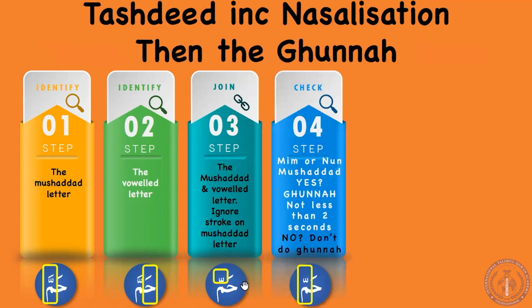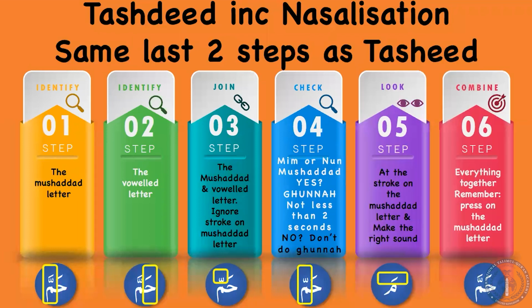And if it's a mim mushaddad or a noon mushaddad, the rule is that you need to do ghunna there, okay? So in this case, because there is a mim mushaddad, I need to do ghunna over here, okay? So I would read it as hamma, okay? I would make the ghunna whilst joining these 2 letters, okay?